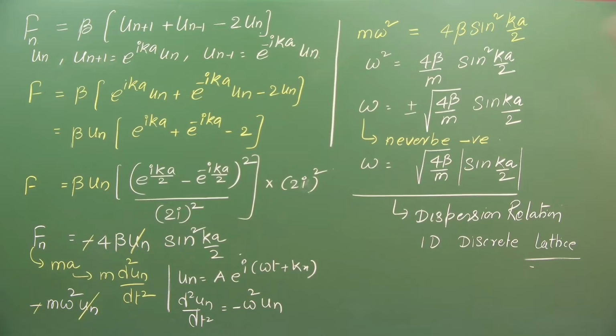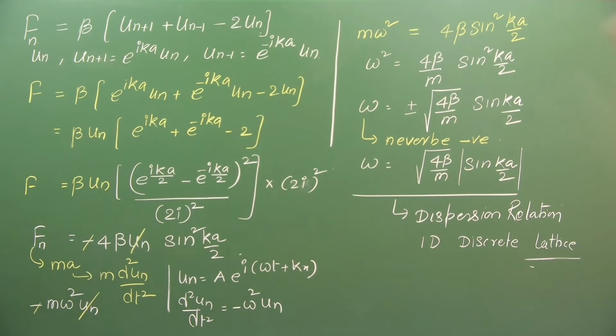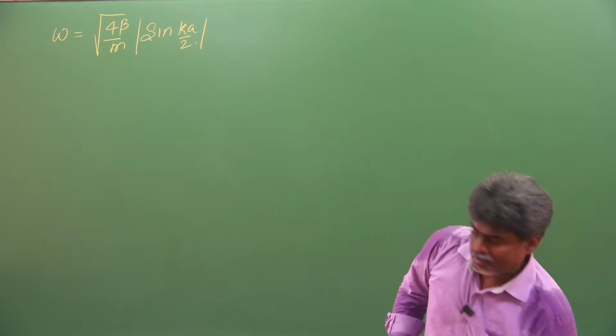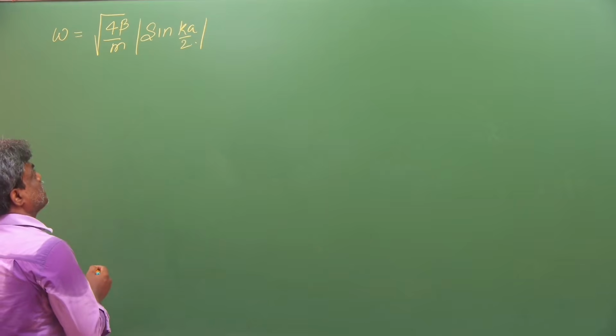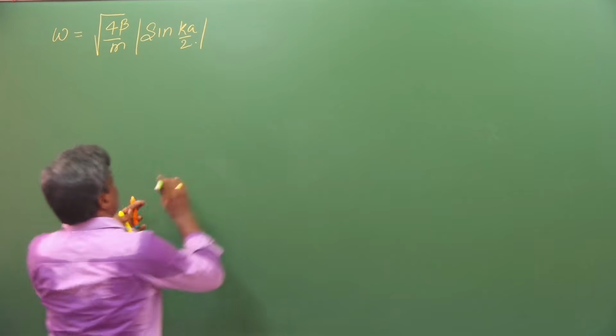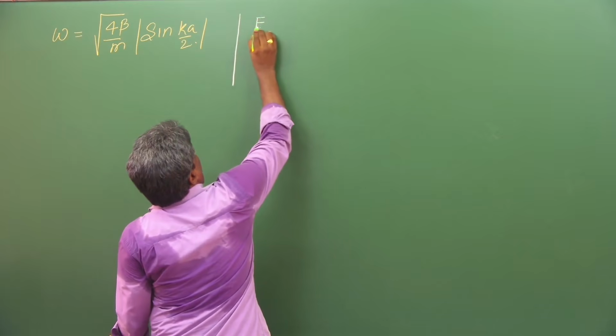Finally, here we got the dispersion relation, under root 4 beta by m into sine ka by 2, but this is also a modulus. Now stop. Over. So this is the dispersion relation we got. Everyone please listen. Stop writing. Here we have to introduce one thing called elasticity.